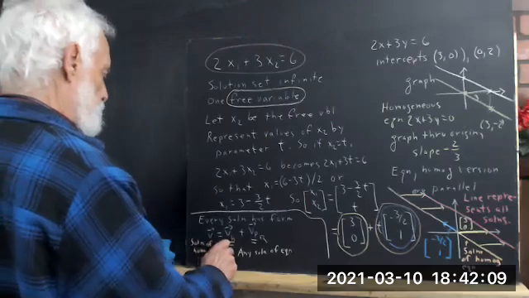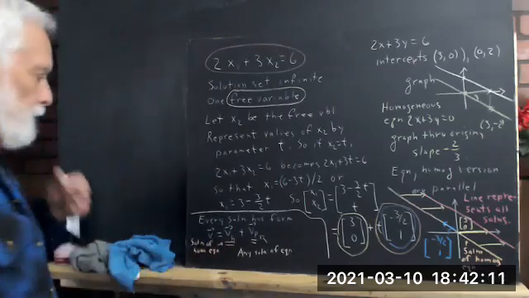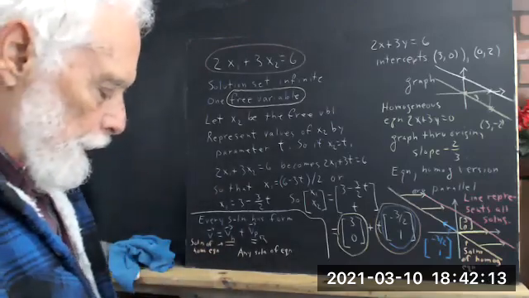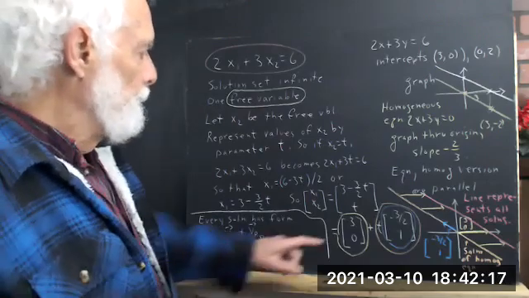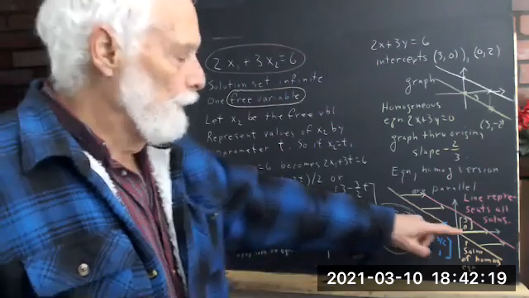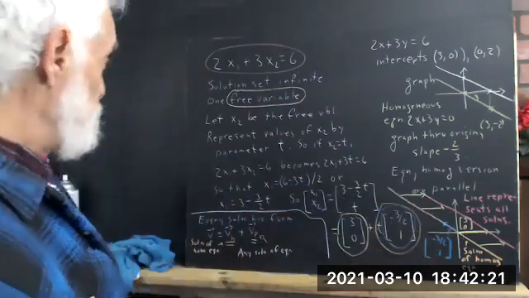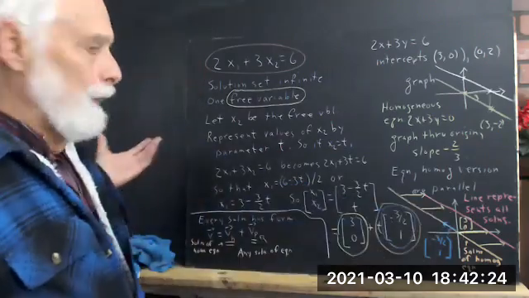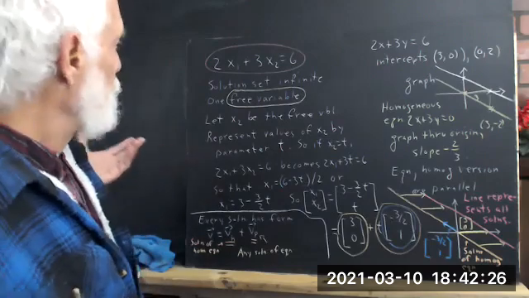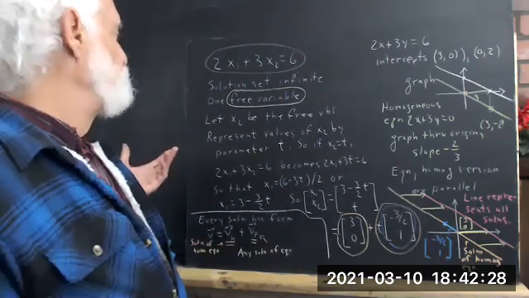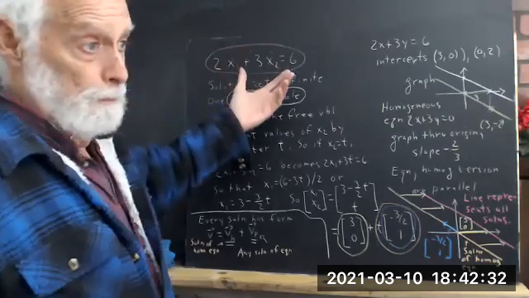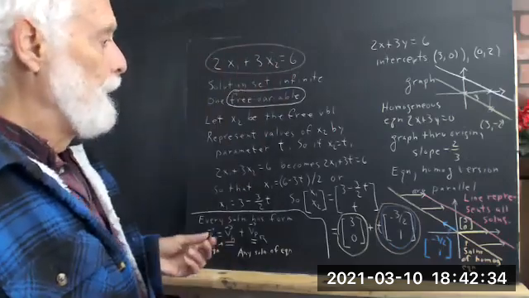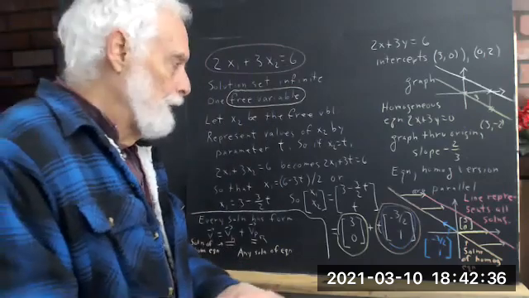And I hope the video comes out clear enough that we can see this. One solution of this equation is (3, 0). That's the one that we used here. There are other solutions. For example, (0, 2). Okay, (0, 2) is a solution.